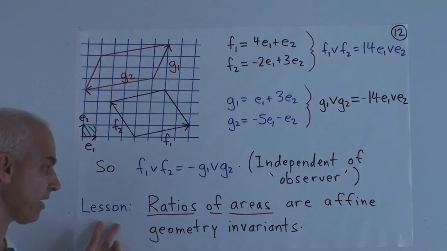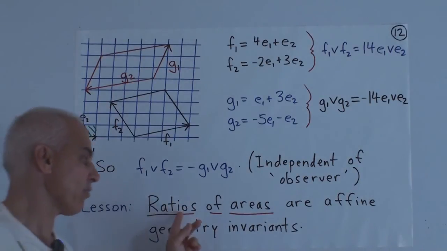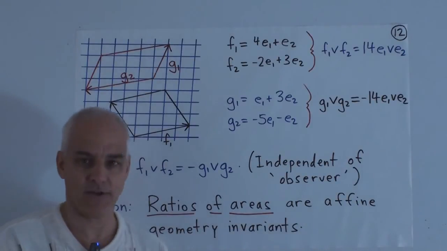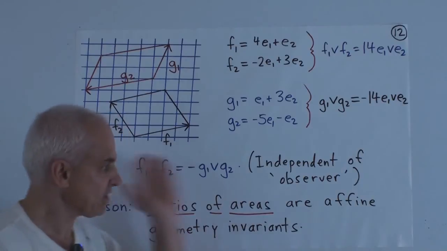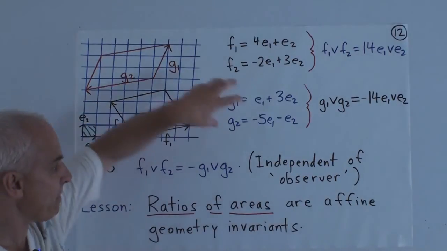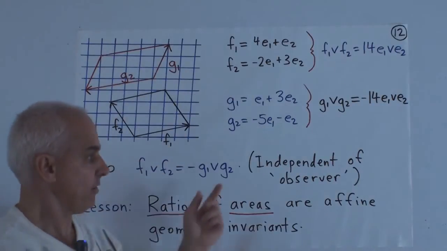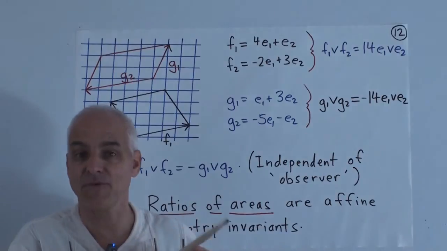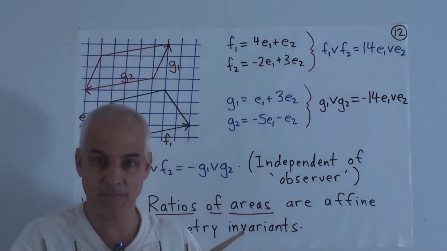So the lesson here, a very important lesson, is that ratios of areas are affine geometry invariants. If we just have a plane without any reference at all, it does not make sense to say what's the area of some figure. That doesn't make any sense because we don't have any reference frame to pin things down.